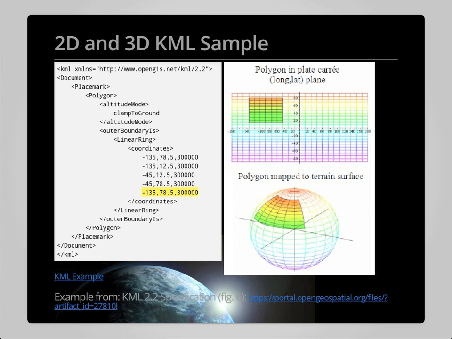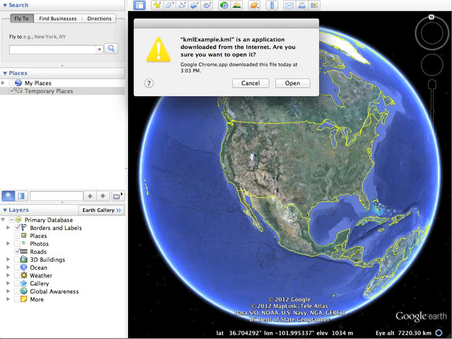And if we project or map that polygon onto a spherical terrain, you can see what it looks like superimposed upon that sphere or elliptical surface. So if we look at that, I can download this file and open it up in Google Earth.